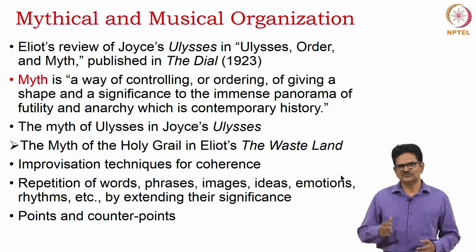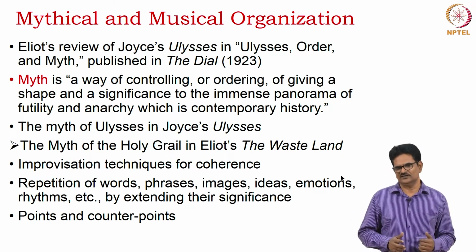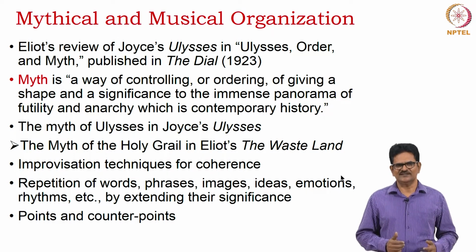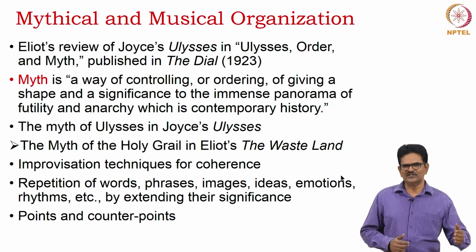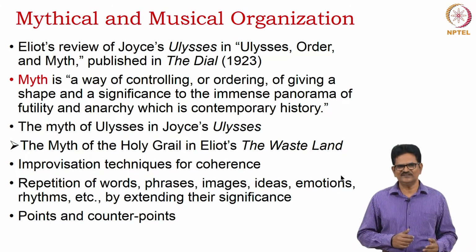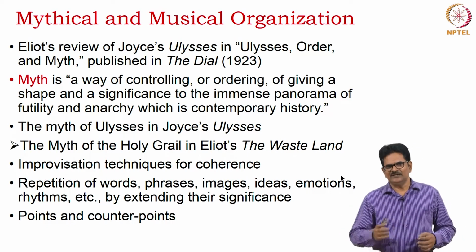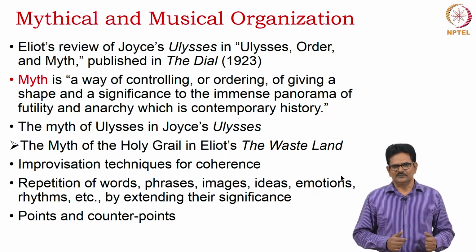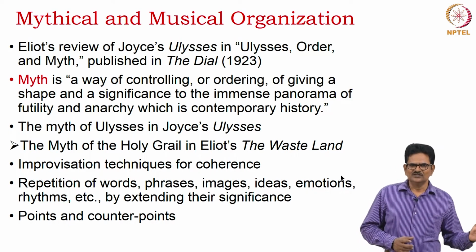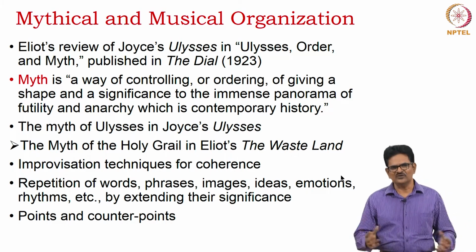James Joyce used the myth of Ulysses from Greek culture. Eliot also used the myth of the Holy Grail in his poem The Wasteland. So, the myth of Ulysses we find in James Joyce's Ulysses, and the myth of the Holy Grail we find in Eliot's The Wasteland. Further, we also have improvisation techniques for coherence.